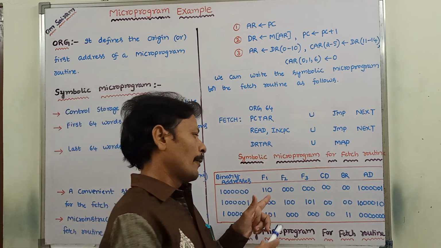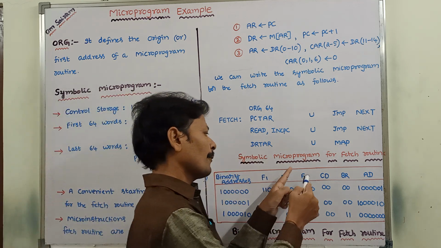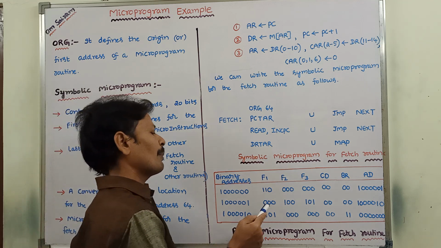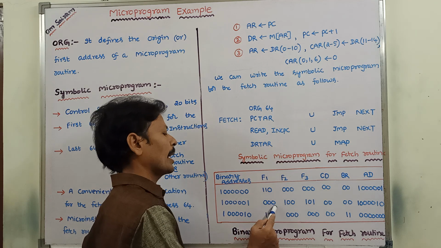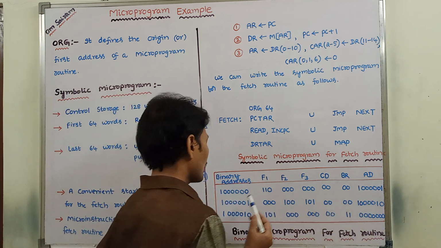So from the F2 field we are taking 1 micro operation, and from the F3 field we are taking 1 micro operation. From the F1 field we do not take any micro operations, so it is filled with zeros.